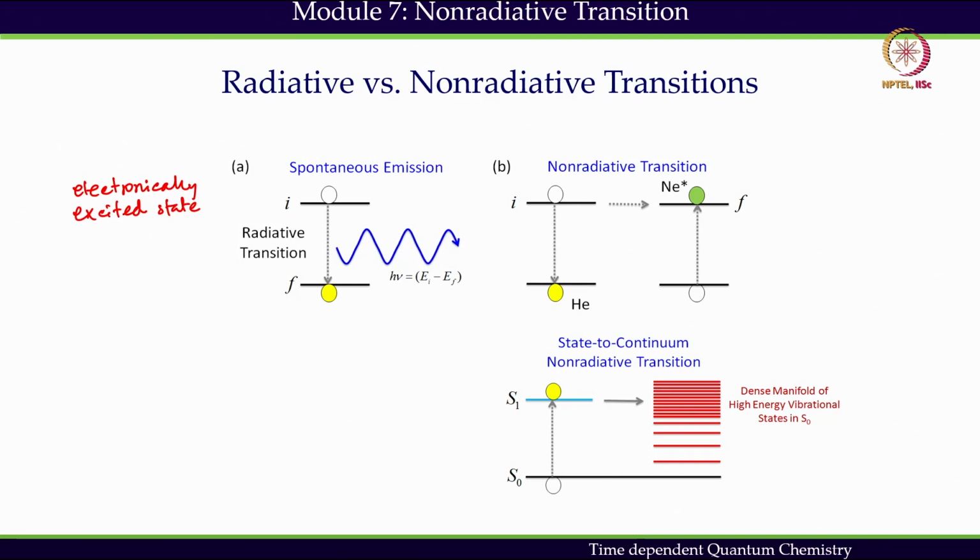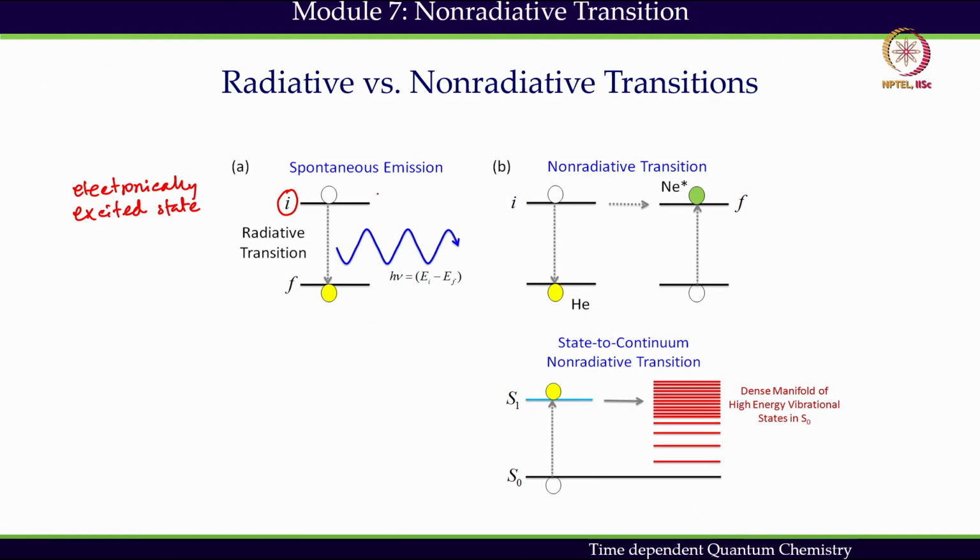And if I take such an electronically excited state, let's say it is in the ith state, that kind of system, an electronically excited system or a vibrationally excited system also is possible. They can spontaneously undergo a radiative transition from an initial state to the final state, emitting a photon with an energy h nu.